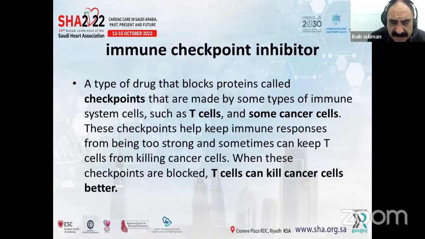These checkpoints help keep immune responses from being too strong and sometimes can keep T cells from killing cancer cells. So when these checkpoints are blocked, T cells can kill cancer cells better.